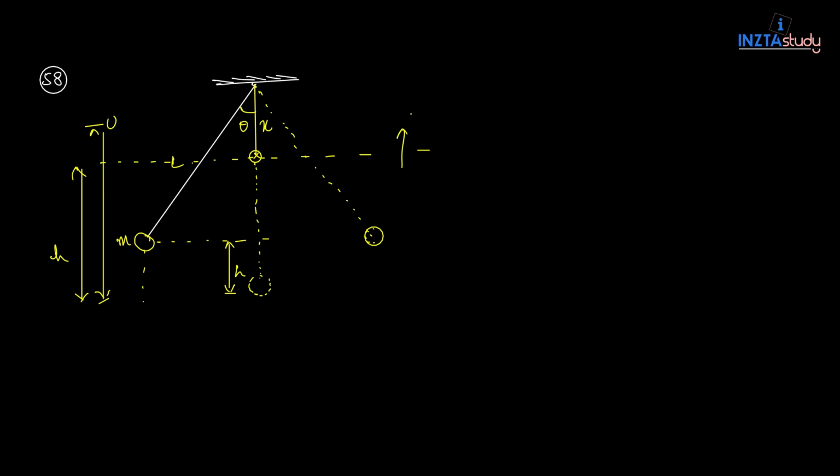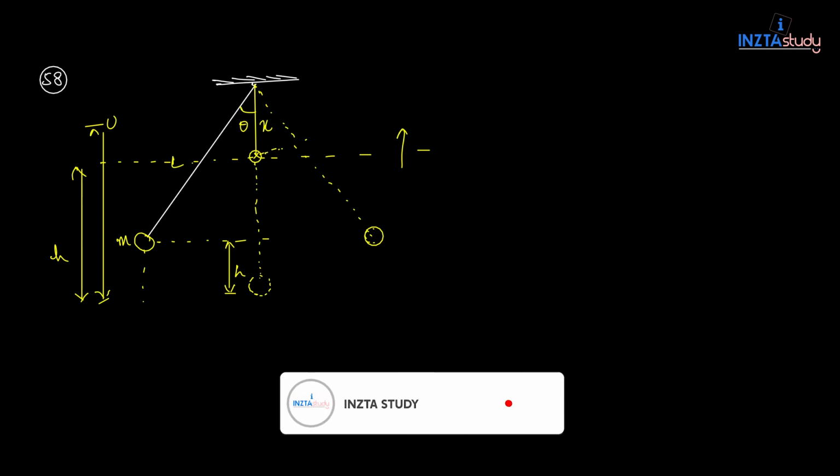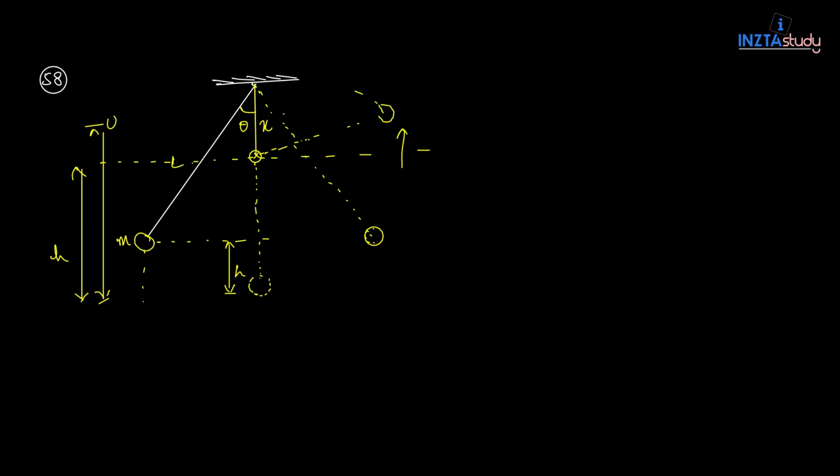Then this will be the hinged position of the string, and it will become slackened somewhere here, and after that it will start performing a projectile motion. So it may not reach as much height as from where it is released, because at the topmost position it will have some kinetic energy also. So that was the important question.